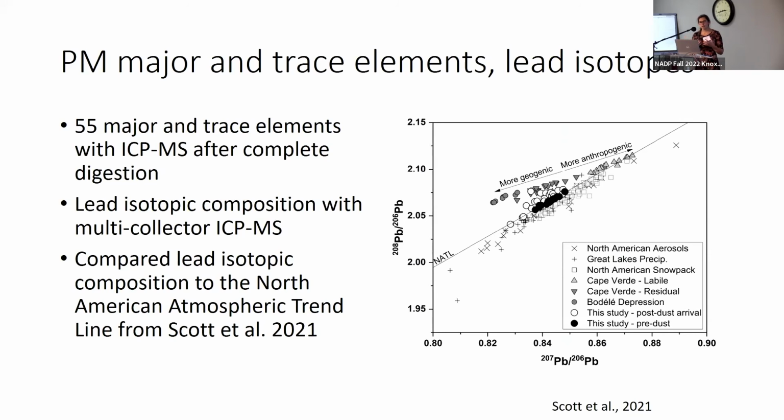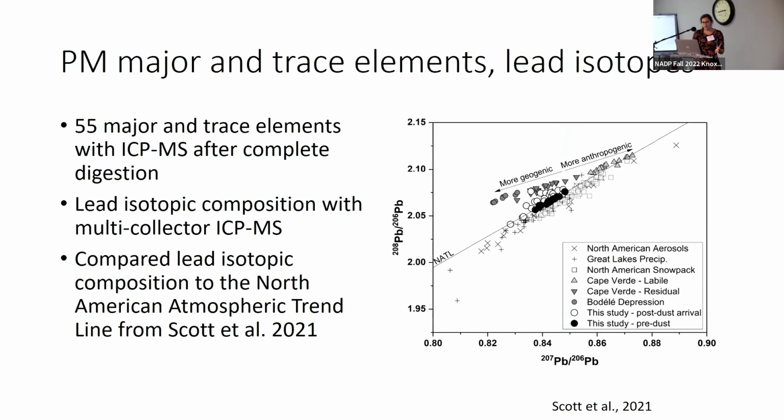Lead in our atmosphere now is sourced from industry, coal mining, and smelting, and these isotopic signatures tend to follow along this trend line. Deviations from that trend line can be helpful in identifying sources of lead from elsewhere, or differences in the sources of lead.